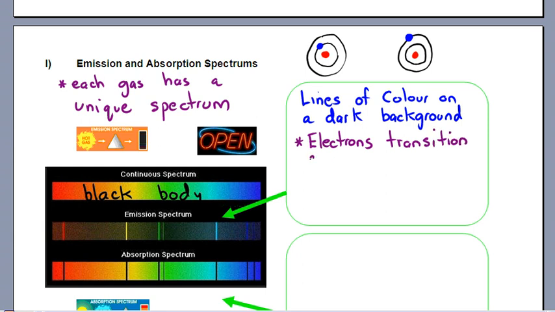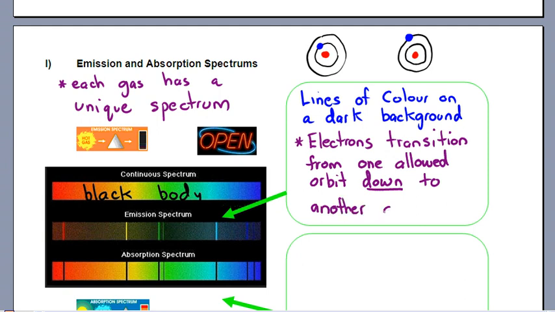They transition from one allowed orbit, they're going to transition down to another allowed orbit. And this happens many, many, many times per second.